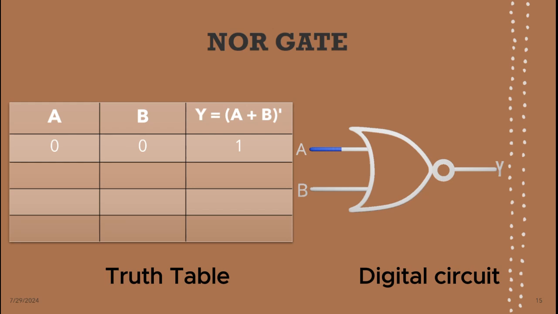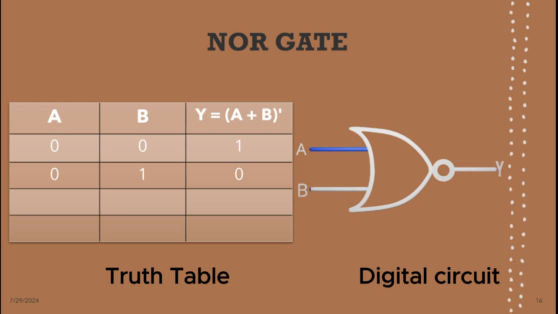For example, in the first combination, if A is equal to 0 and B is equal to 0, the output would be 0 in OR gate. But in NOR gate, it would be 1 because it is opposite of OR gate. In the same way, in the second combination of binary codes like 0 and 1, in the OR gate, as we have discussed, if any one value is 1 or true, the result would be true.